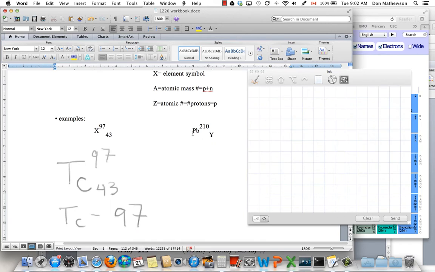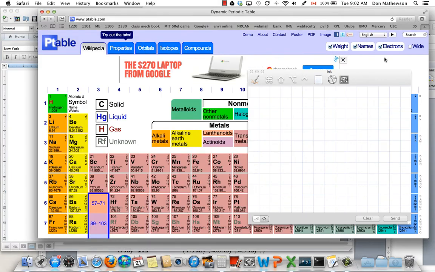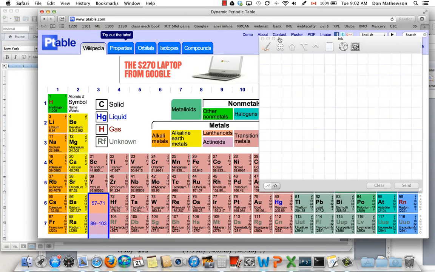Next, let's look at this. This is Pb, lead, plumbum, and the atomic mass is given, but the atomic number isn't. Y is an unknown, but we know it's lead, so once again we can just come over here, move this window out of the way, and find lead and see that its atomic number is 82.